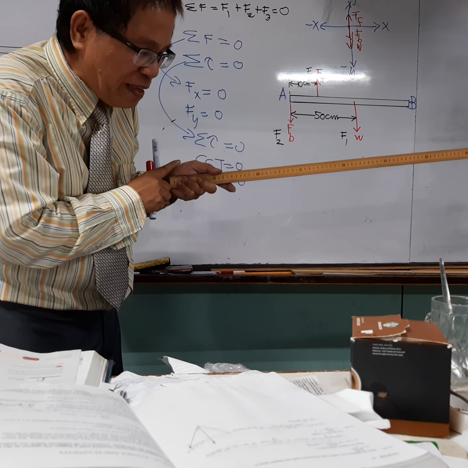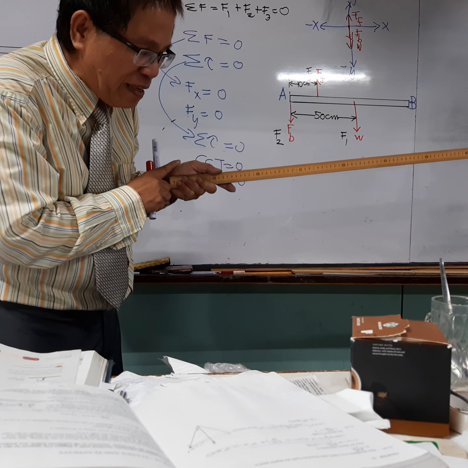So what are these torques? This one is torque 1, torque 2, torque 3. So there are 3 torques. So torque 1 plus torque 2 plus torque 3 equals 0.